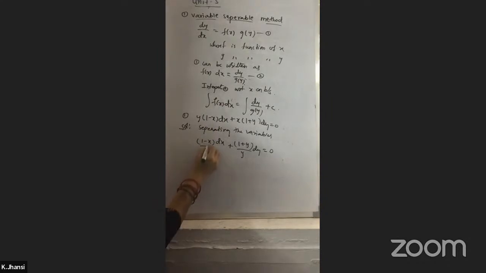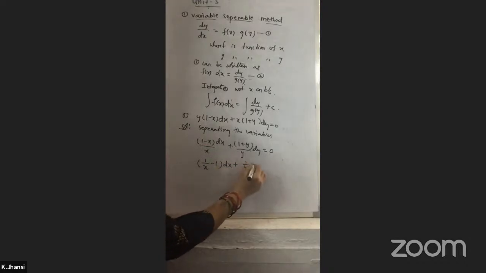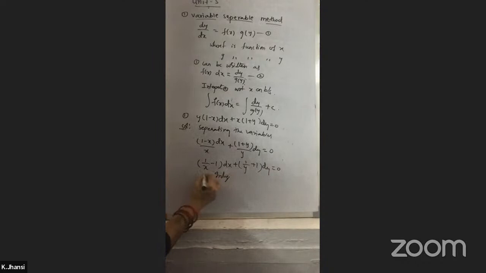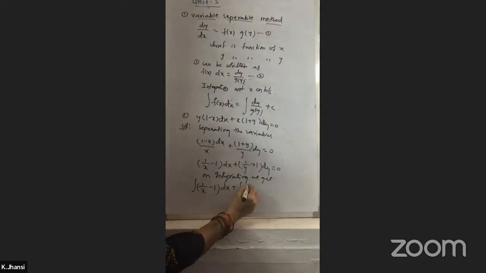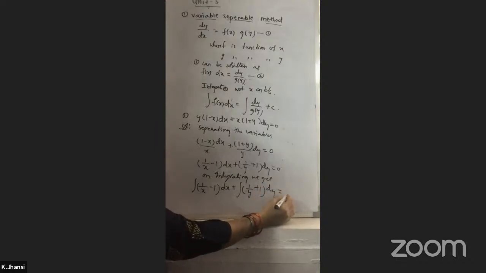Now you can simplify this: 1 by x minus 1 into dx plus 1 by y plus 1 into dy equals 0. Now integrating, we get integration of 1 by x minus 1 into dx plus integration of 1 by y plus 1 into dy equals 0.